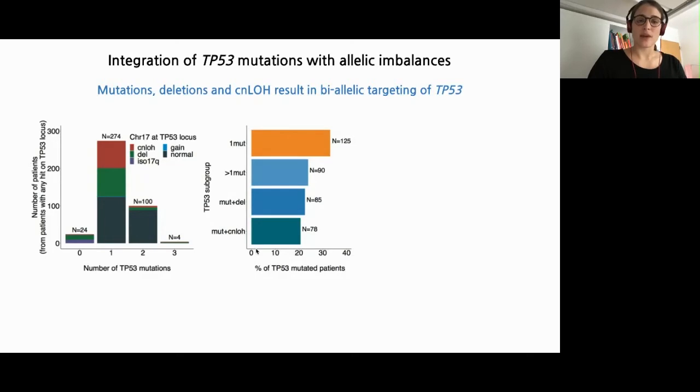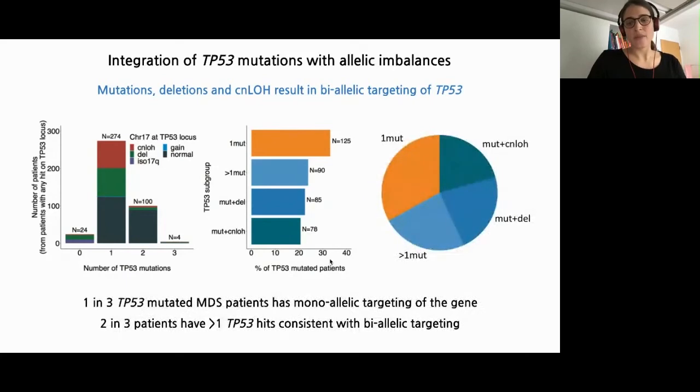By combining this information, we derived different subgroups that comprise patients with single mutations or multiple mutations, mutation and deletion, and mutation and copy-neutral LOH. Overall, the main pattern is that 1 in 3 TP53 mutated patients have monoallelic mutations of the gene, here in orange, while 2 in 3, in the different shades of blue, have multiple hits consistent with biallelic targeting of the gene.